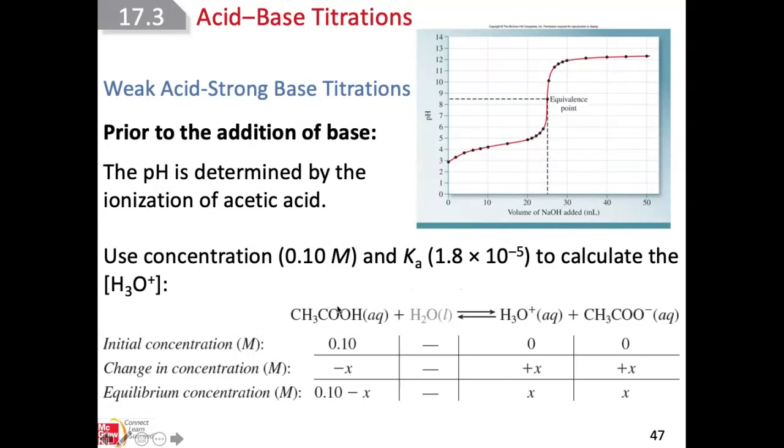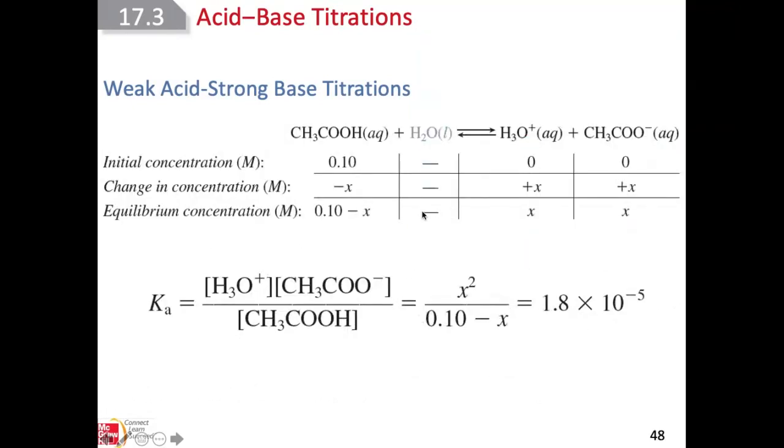Yes, and we have a Ka for the acid, 1.8 times 10 to the negative 5. So once I have that, I will put in the expression for the Ka, and I will find that x squared over 0.1 minus x equals the Ka value.